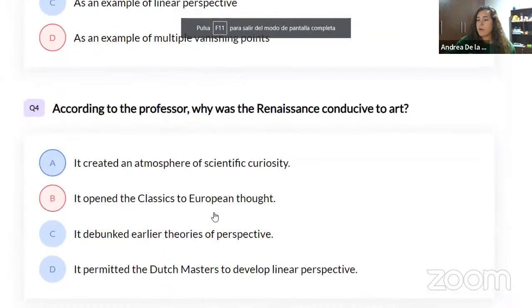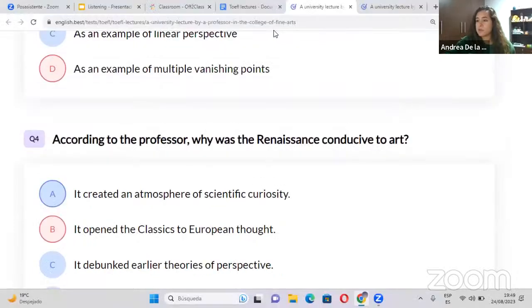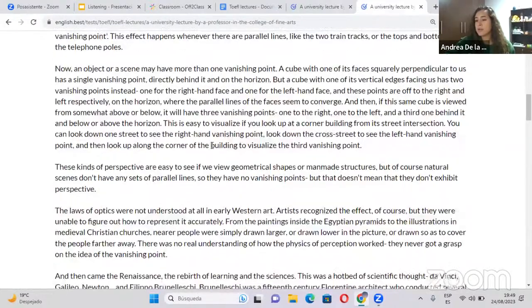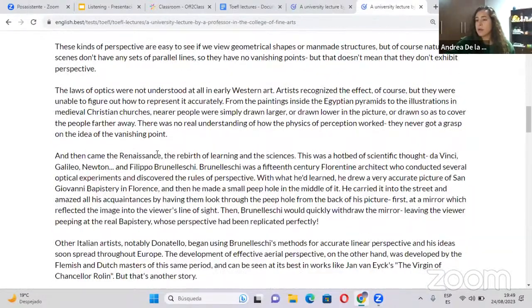Now then we have, according to the professor, why was the Renaissance conducive to art? So yes, it created an atmosphere of scientific curiosity. When they started talking about the Renaissance here, the rebirth of learning and the sciences. This was a hotbed of scientific thought. Da Vinci, Galileo, Newton, and Filippo Brunelleschi. So basically, it was a hotbed of scientific thought, right?